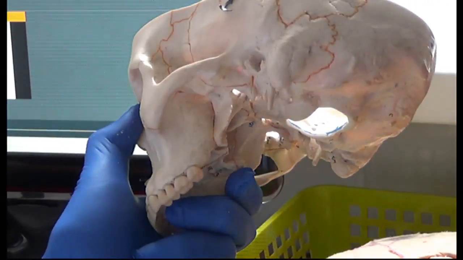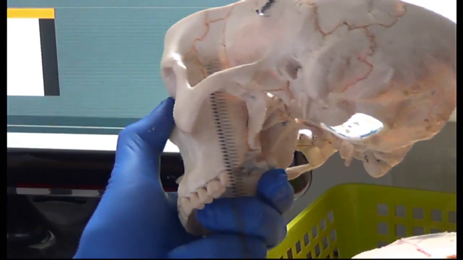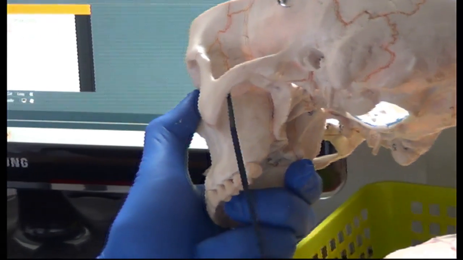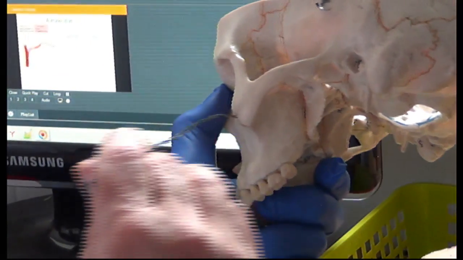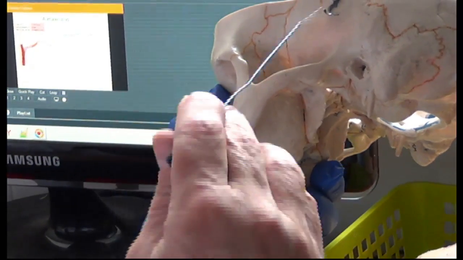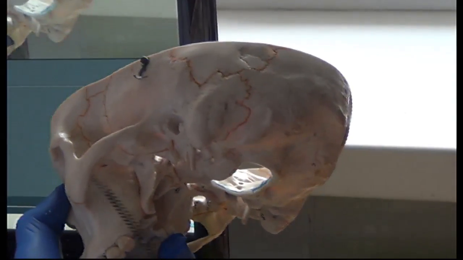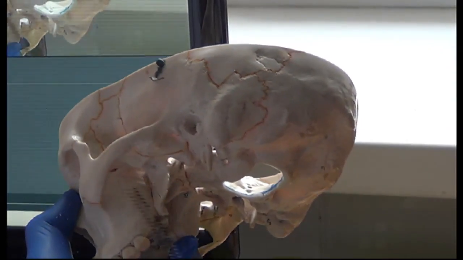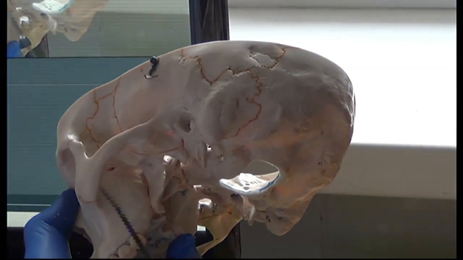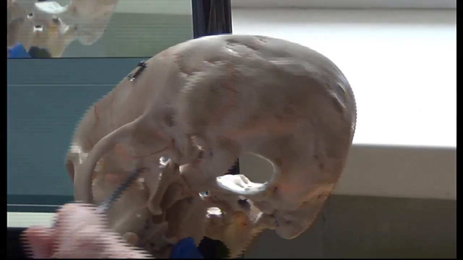Fossa temporalis and fossa infratemporalis are connected to each other, and the border between them is this zygomatic arch. Second section is inside of fossa infratemporalis, and the third section will be more deeply.